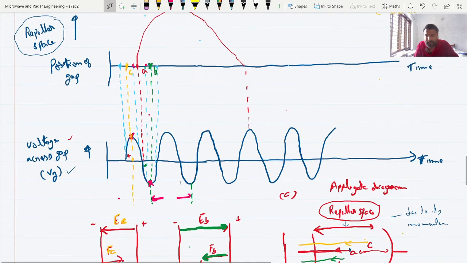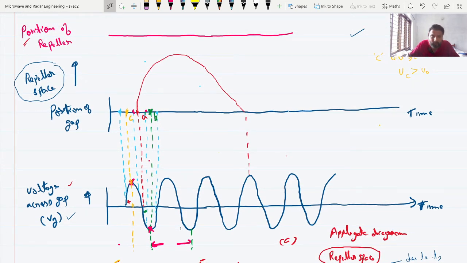So what happens? The electron C and electron A will get bunched.